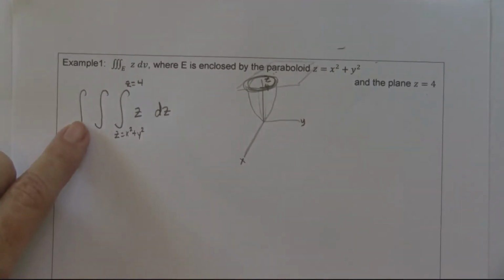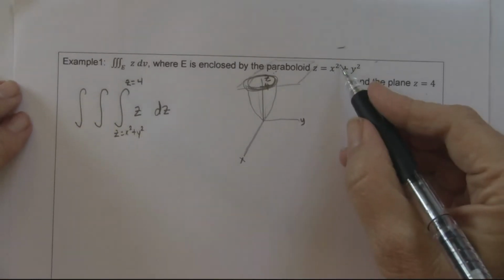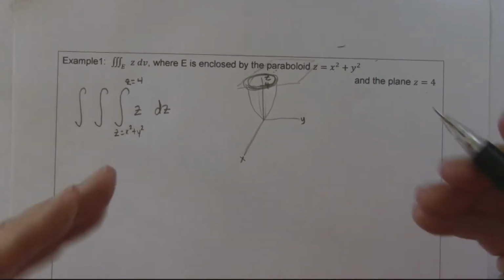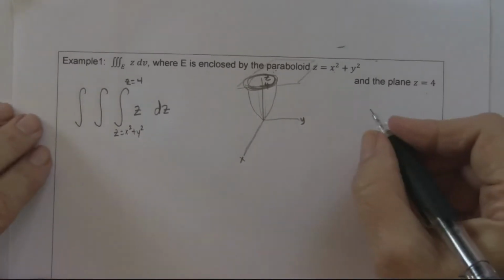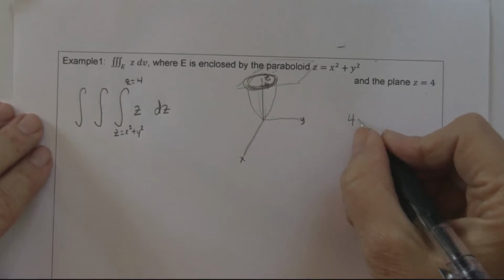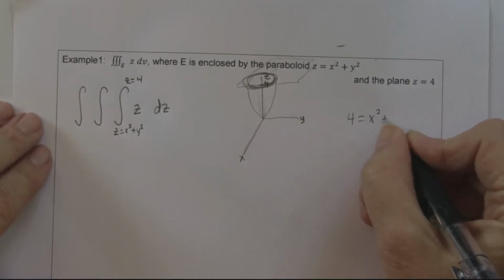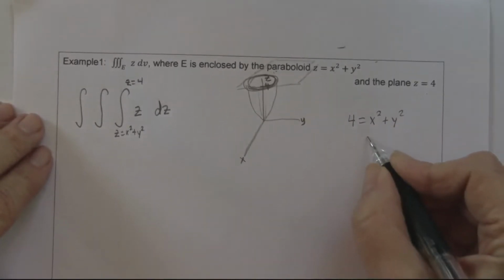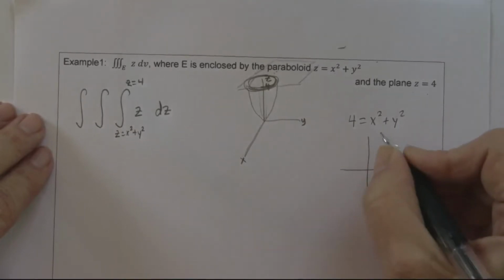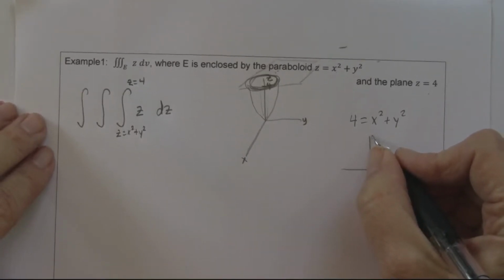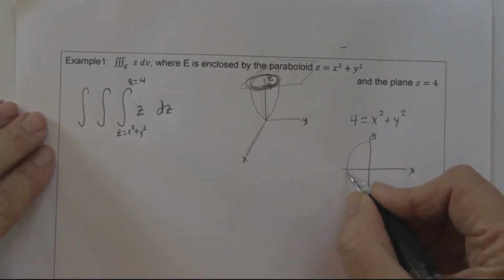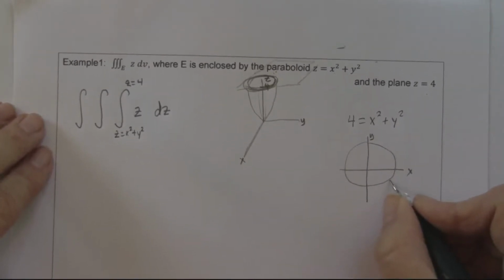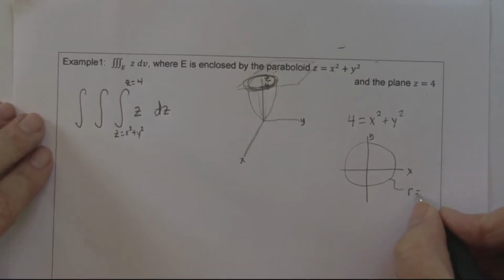Z equals 4. And so when you put these together, whenever you have two that are solved for the same variable, you always put them together. So this is going to be 4 equals x squared plus y squared. In the xy plane, if I did the projection onto the xy plane, so this is y and this is x, it would be a circle with radius equal to 2.